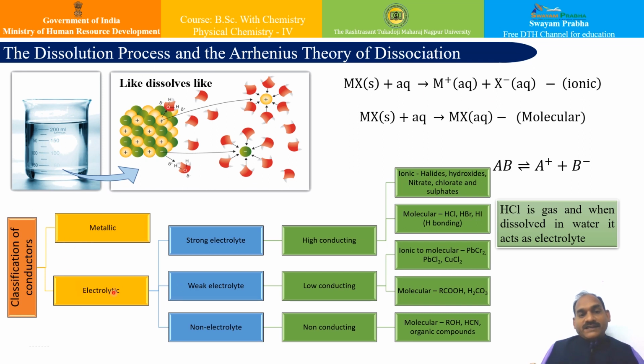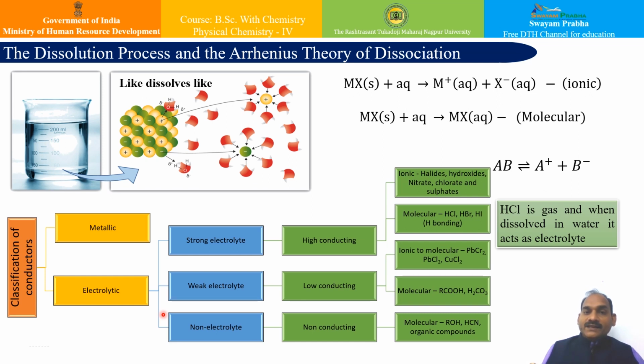This classification says it can be a strong electrolyte, weak electrolyte, or non-electrolyte. A strong electrolyte will give you a solution of high conductivity. A weak electrolyte will give you a solution of low conductivity, and a non-electrolyte will give you a non-conducting solution.